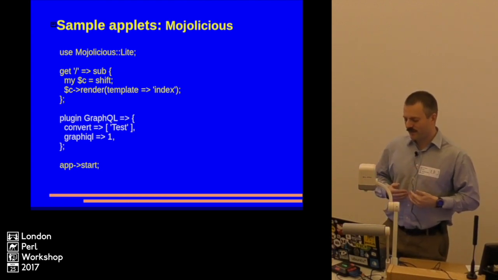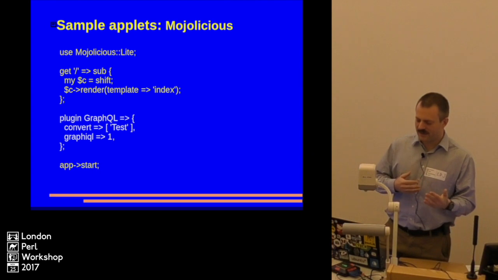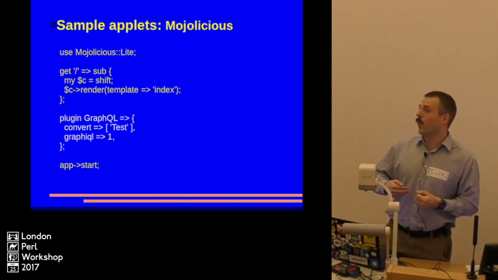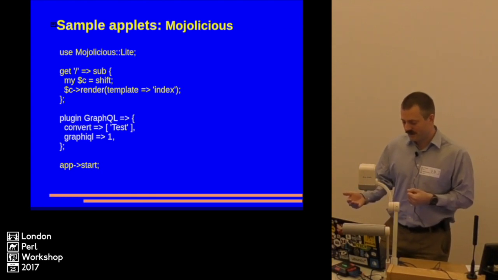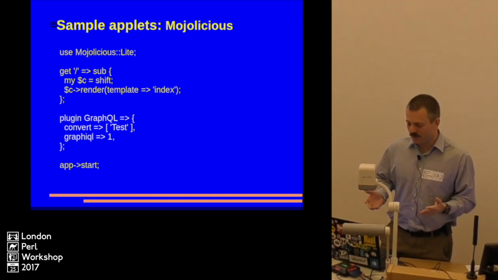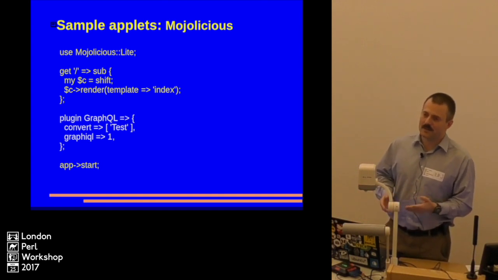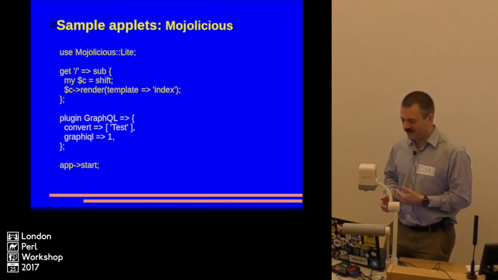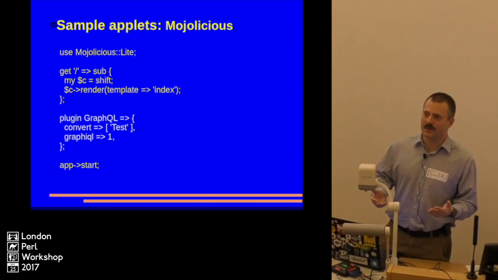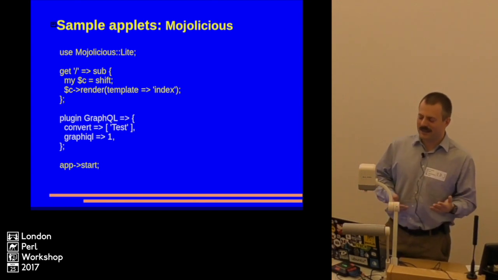So when you use it, you'll generally just say, let's say, convert. Here, and also on the Dancer one you'll see in a second, you request which plugin convert you want, and then you'll notice the array ref there, any extra arguments you want to give it. Now the test one, as you might imagine, doesn't really take any arguments. It just generates a single tiny little schema which has got one field in it, which is hello world. When you query that, you get back hello world.